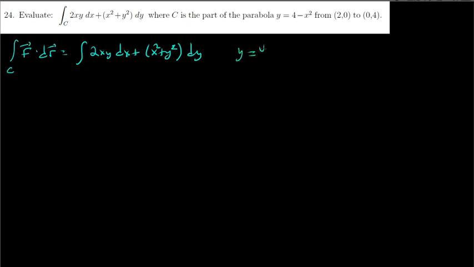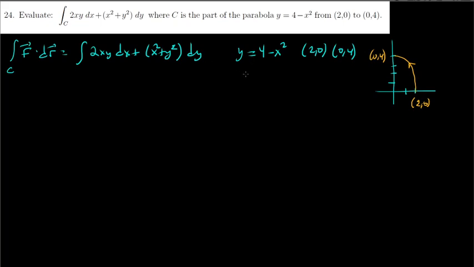And C is the parabola y equals 4 minus x squared from the point 2, 0 to the point 0, 4. So the usual parabola. This is not a closed curve. We're going from 2, 0 to 0, 4.